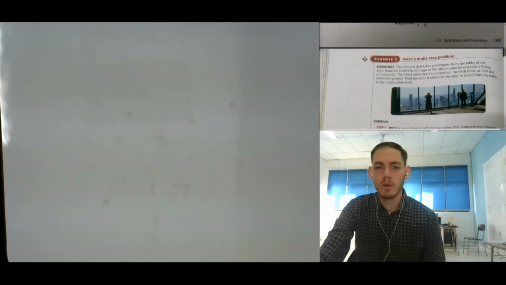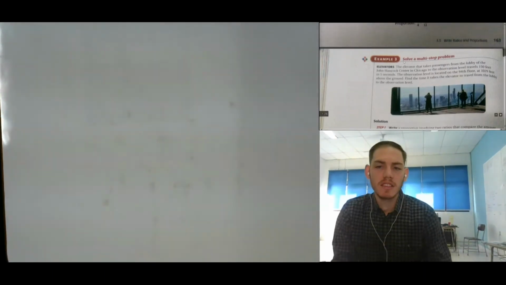So let's look at the word problem. The elevator takes passengers from the lobby to the observation level of the John Hancock Center in Chicago. The elevator travels 150 feet in 5 seconds. The observation level is located on the 94th floor, at 1,029 feet above the ground. Find the time it takes the elevator to travel from the lobby to the observation level.